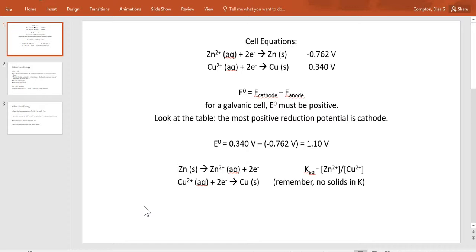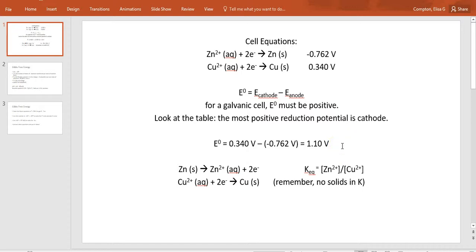Now 0.34 is not very big, but it is much more positive than a negative 0.762. So the positive reduction potential here is my cathode. Then I subtract the reduction potential of my anode, remembering that subtracting a negative number is equivalent to adding. And I get E0 here is 1.10 volts.